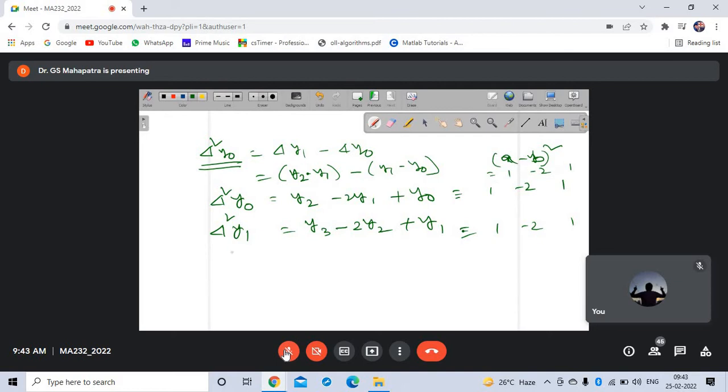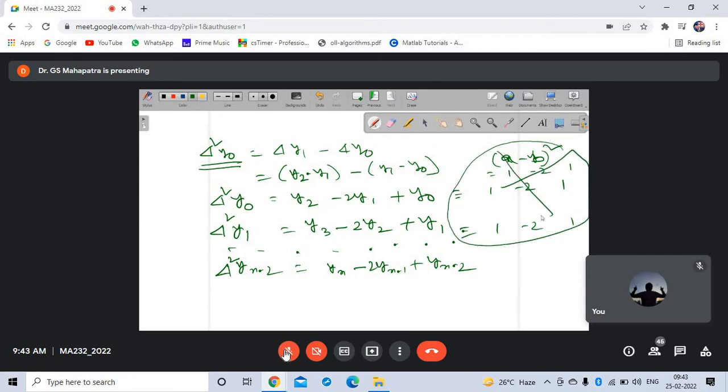So this is the fact, del 2 y n minus 2. What is the answer? yn minus 2 yn minus 1 plus yn minus 2. So this is following the binomial expansions, the coefficients of binomial expansions.